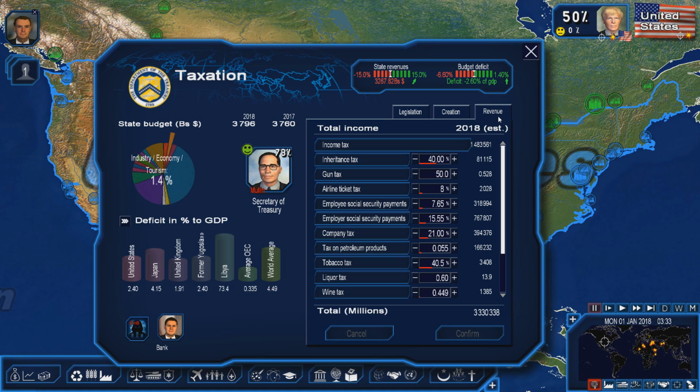There are many different kinds of taxes, such as income tax, inheritance tax, the gun tax, airline tax, the payroll tax, which is employee social security, employer, and then the company tax. Changing tax is a very delicate thing to do, and in a democratic state, increasing tax is very unpopular.